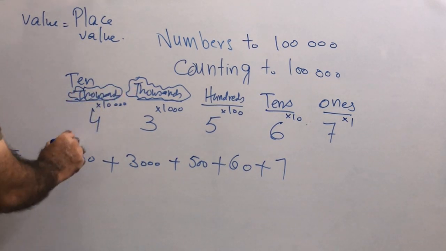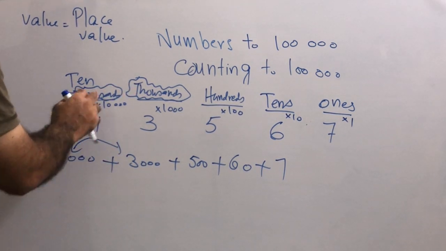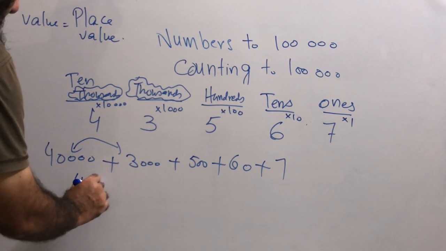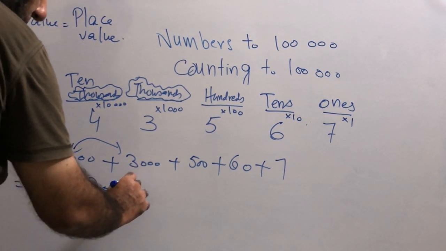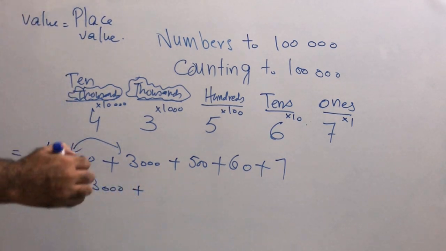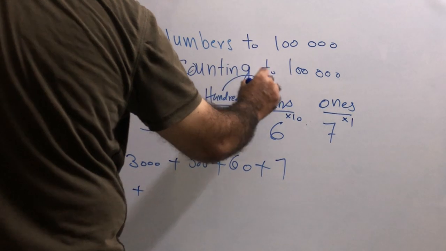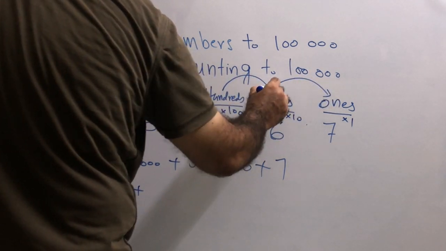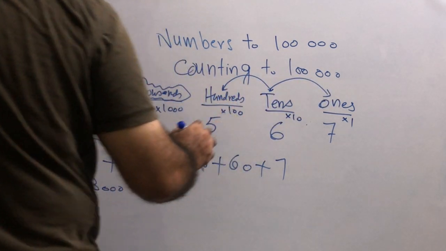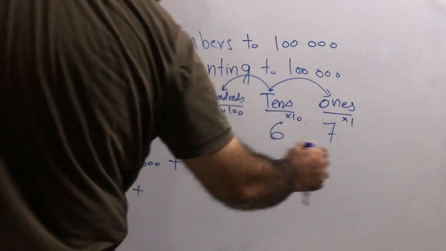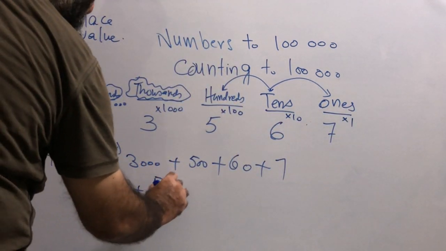So you can add these two because these are the same, 40,000 plus 3,000, 43,000. Okay, and plus you know that this is hundreds. You can combine. We will now combine these three. Combining means you know that 567 is 567, so you can write it like 567.